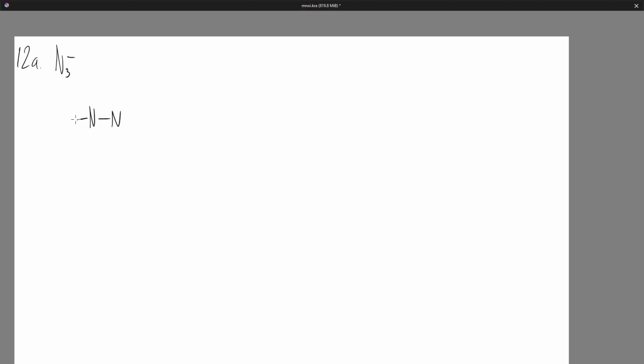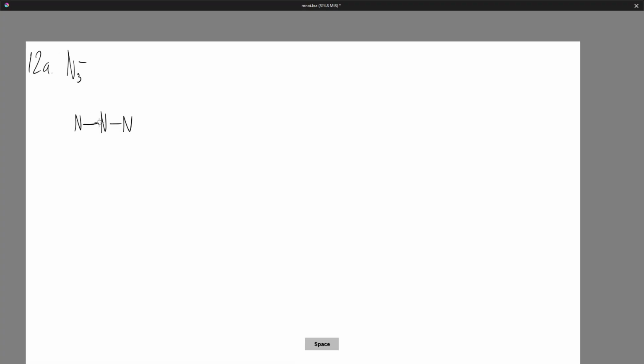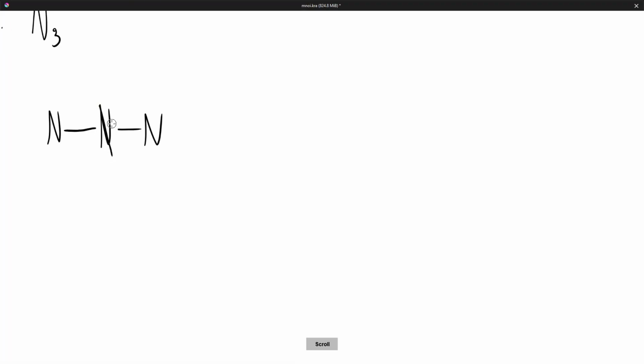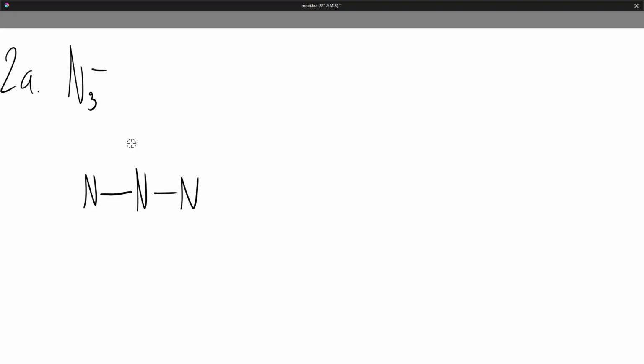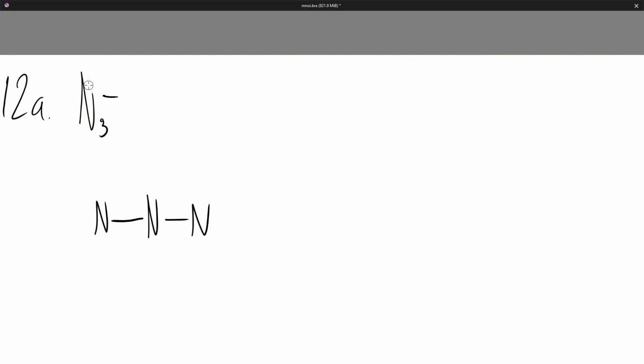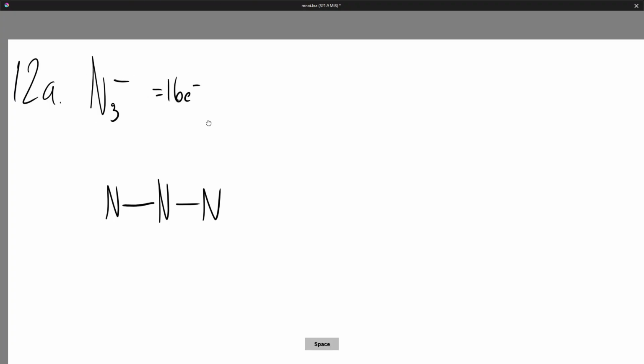So just one N surrounded by two N's on both sides. Okay, but first let's count how many electrons we have to work with. So nitrogen has 5 valence electrons. There's 3 of them. And with the addition of the negative charge right here, that means in total we have 16 electrons to work with.